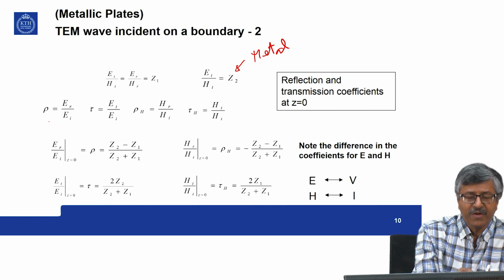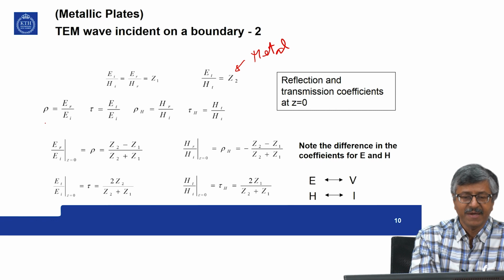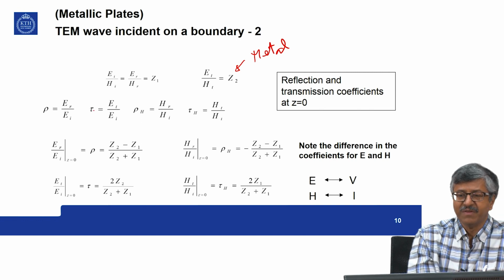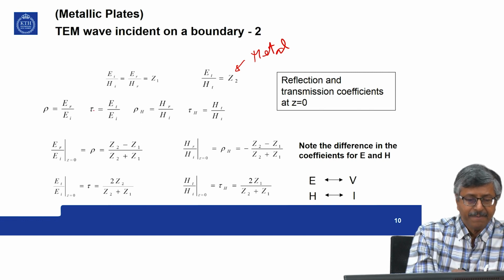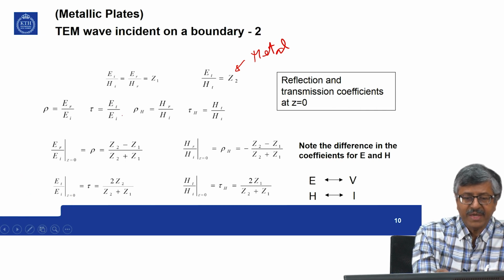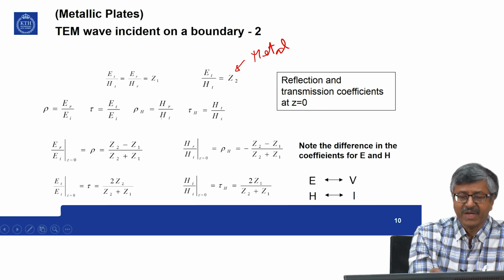Now, reflection coefficient is defined as ER by EI, reflected by incident. Transmission coefficient tau is defined as ET by EI, transmitted divided by incident, and reflection coefficient for H. For magnetic field we write subscript H to indicate that it is magnetic field.